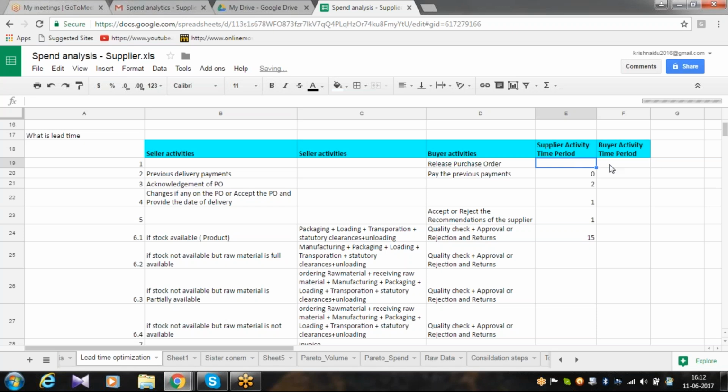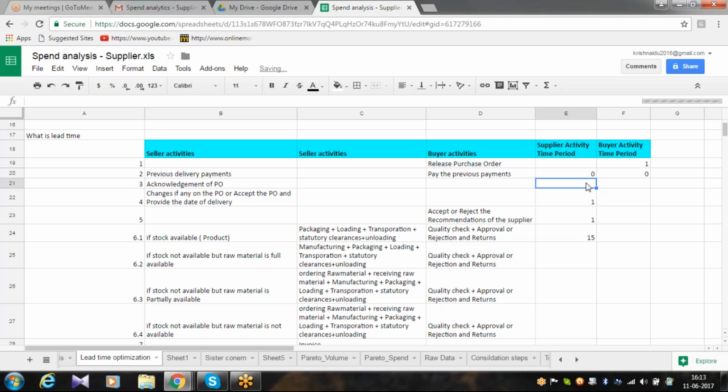I'm checking the time here based upon the activity. The buyer activity, release purchase order, is taking 1 day. I am saying there are no previous payments to be done by the buyer, so the seller is also not bothered about this. So both have zero time period.